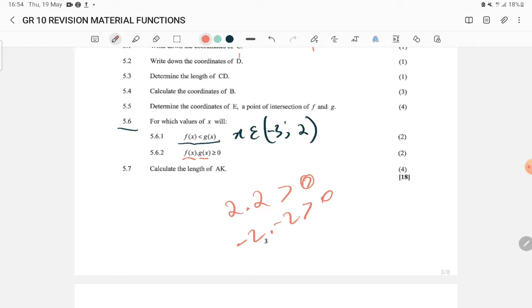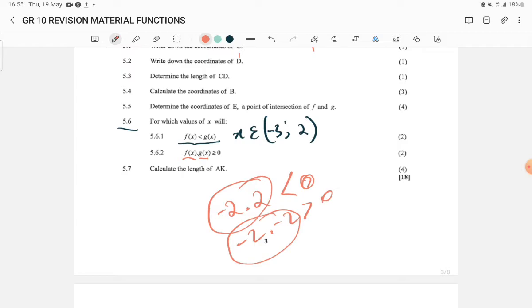So that means when you have the same signs and you find the product of two things, you will always get something greater than 0.